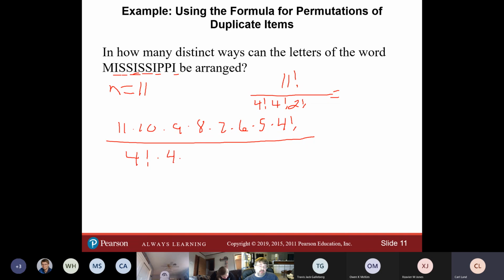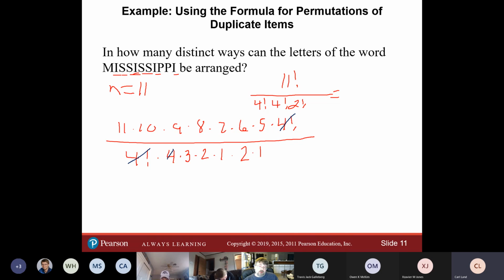My other one I'm going to write out times 4 times 3 times 2 times 1. That's my other 4 factorial. And then my 2 factorial times 2 times 1. So now I can cancel. I'm going to choose a different color, I think. Make it a little bit clearer, maybe. So I can cancel 4 factorial.